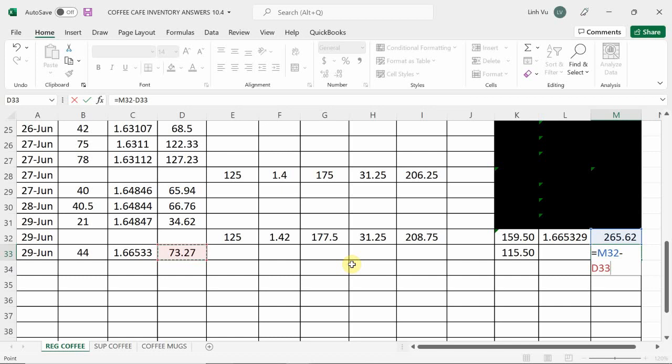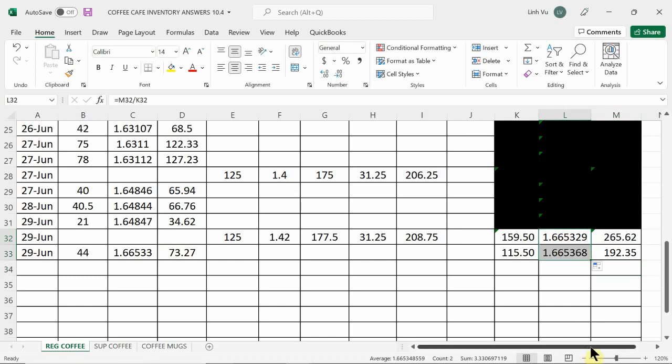If I sold $73.27, how much is left? 192.35. Good. That should recalculate this to be more or less similar, except it changed by 20,000th of a penny.